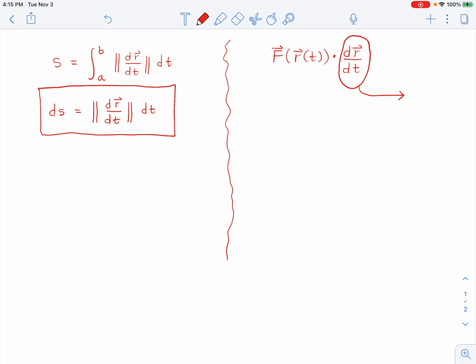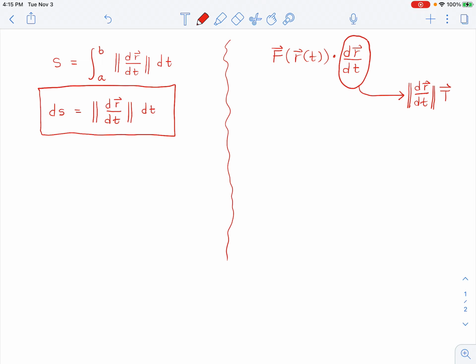In particular, I'm going to single out its magnitude and multiply by a unit vector pointing in the same direction of the velocity. In project number 2, you will learn this vector, capital T, as the unit tangent vector.